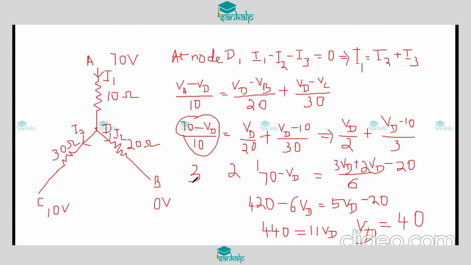So I1 is 3, I2 is 2, I3 is 1. So again the answer: currents in the paths AD, BD and CD are in the ratio of 3:2:1. Option D is the right answer.